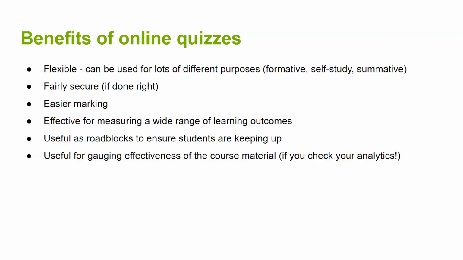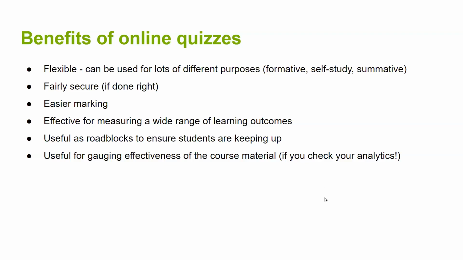It's effective for measuring a wide range of learning outcomes. We'll talk about that in a bit, but according to the learning outcome levels on Bloom's taxonomy, you can use quizzes for all of these, except for one. You can also use them as roadblocks throughout the year to make sure that students are keeping up with the content.